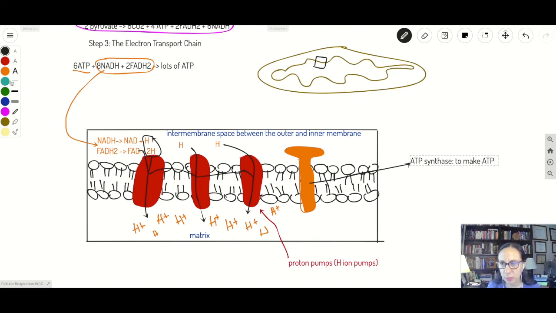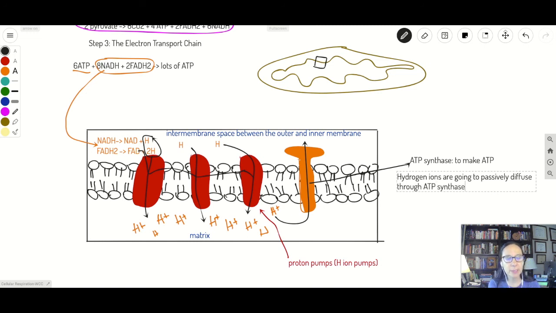Let me just write that down. Hydrogen ions are going to passively diffuse through ATP synthase.